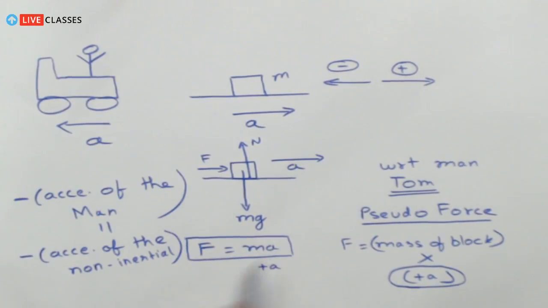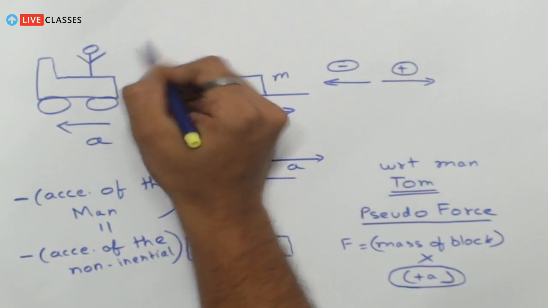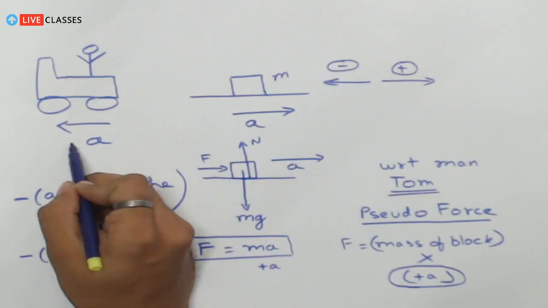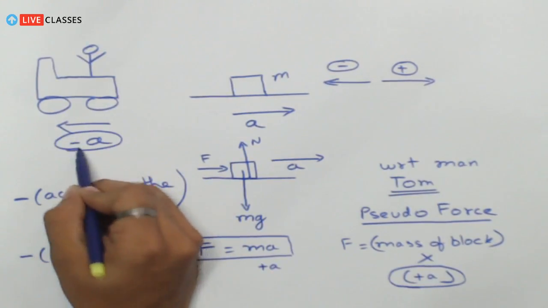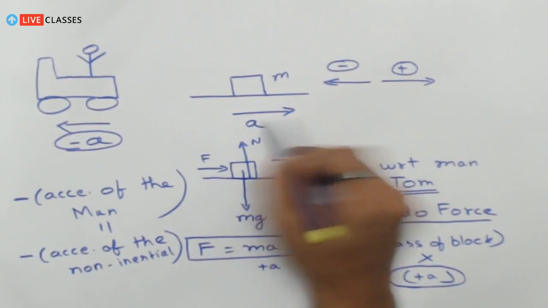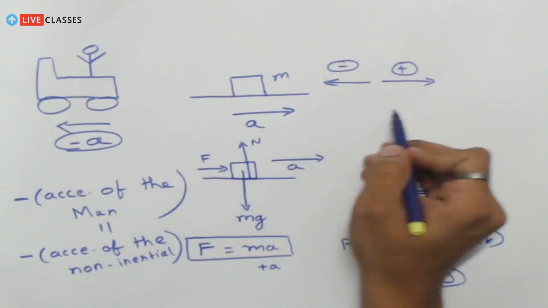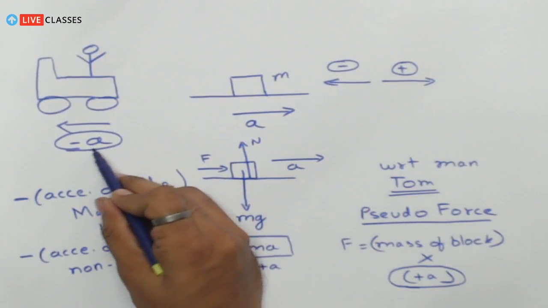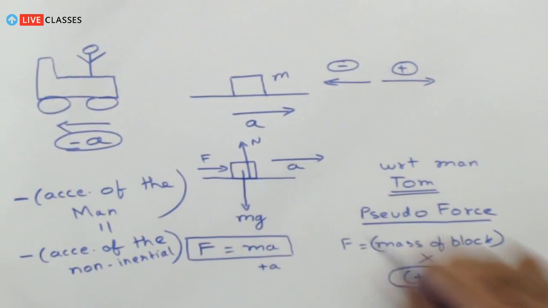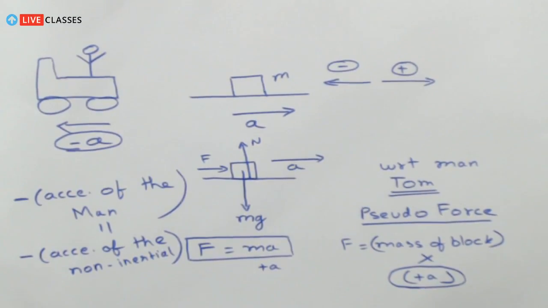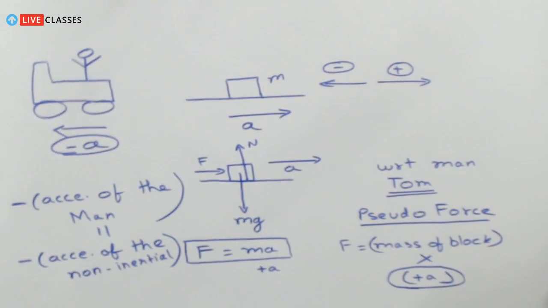As this man is going in this direction, he has an acceleration of negative a, and as per our sign convention, anything in this direction will be positive. So the negative of negative a is positive a, right? So it is written here. Let's look at it once more on a clear page.